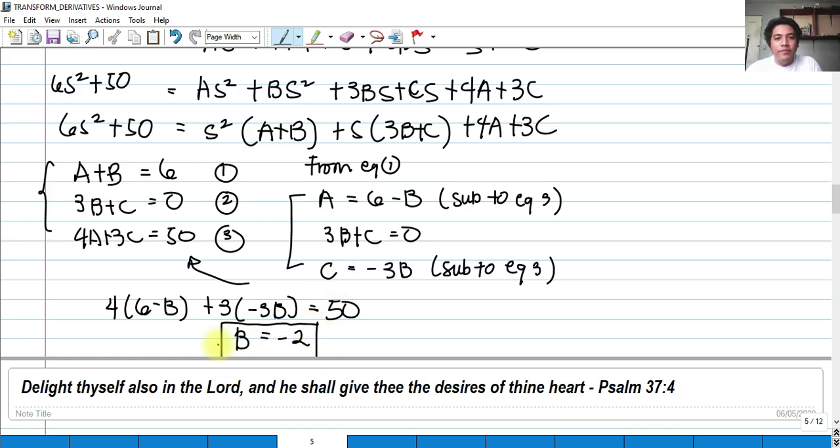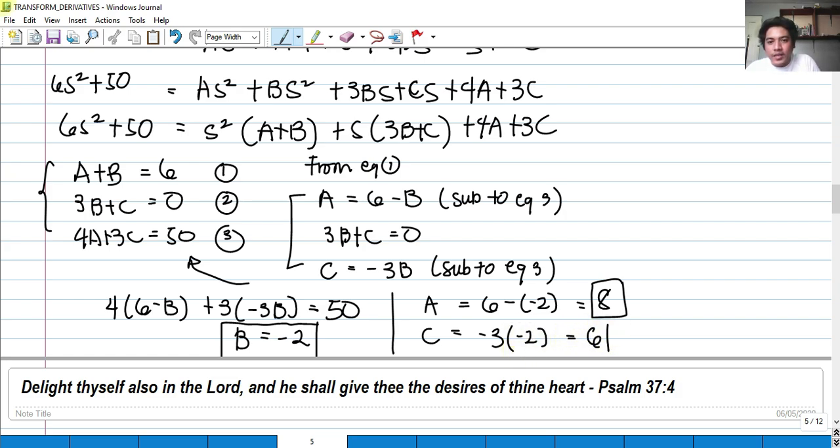We have the value of b, and we can simply get the value of a from this equation. So a is equal to 6 minus negative 2, and that is equivalent to 8. So we have the values of a, b, and c now. For c, negative 3b, from this equation our b is negative 2, so the value of that is 6.